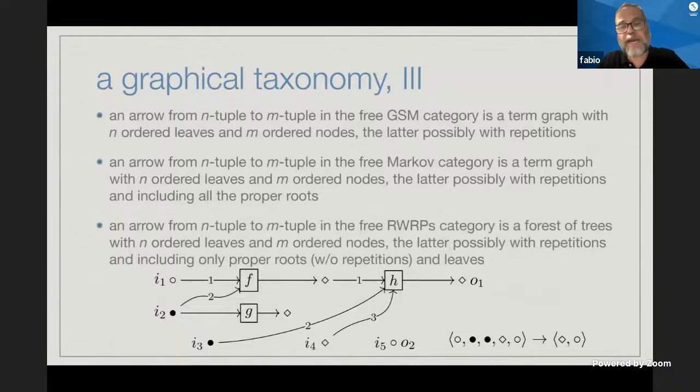Well, I'm not putting the last one, but the idea is that if you are both Markov and restriction, you end up with n leaves and m trees. That is to say, you end up exactly in the usual tree representation of a Cartesian category out of a signature. Okay?